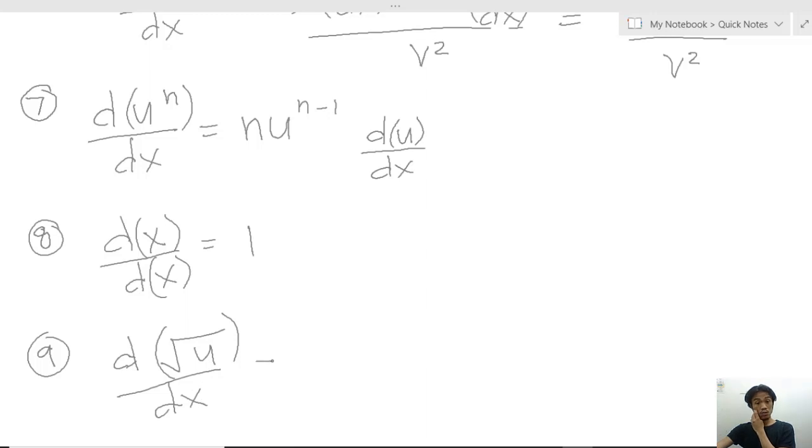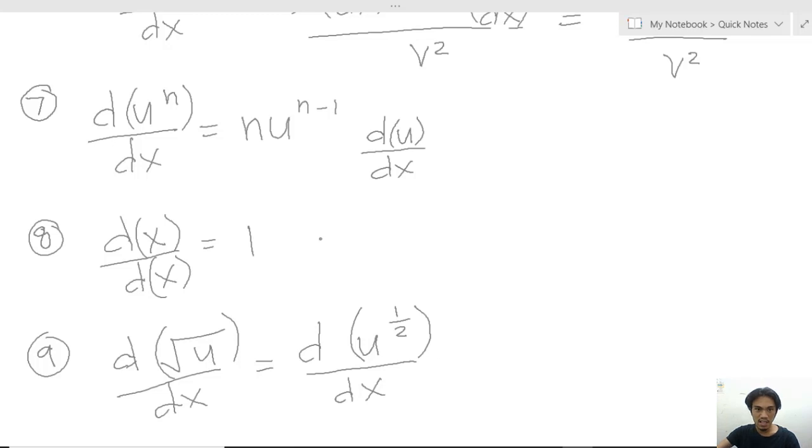Now take note that you can write this as the derivative of u raised to 1/2 with respect to x. Square root of u can also be written as u raised to 1/2.